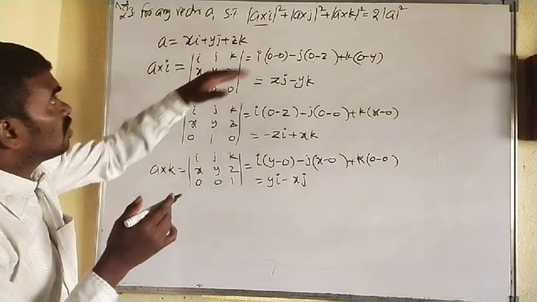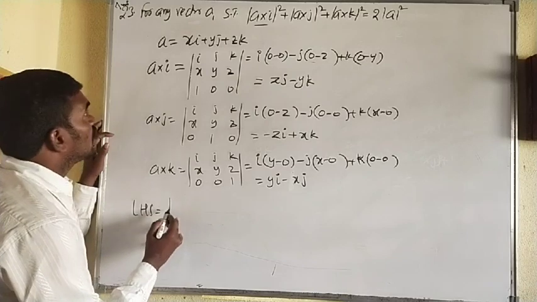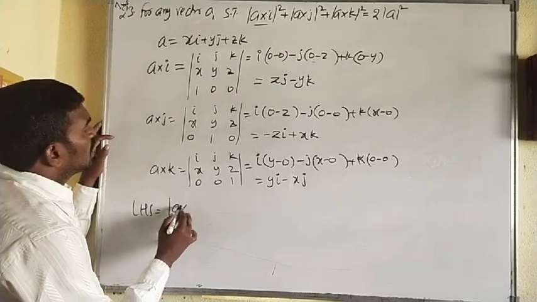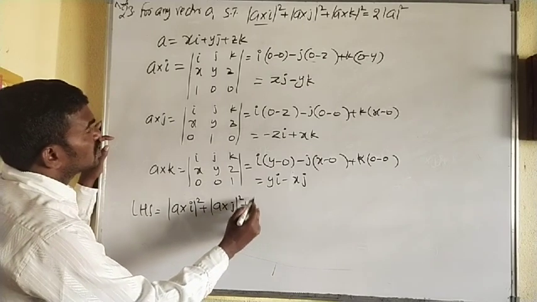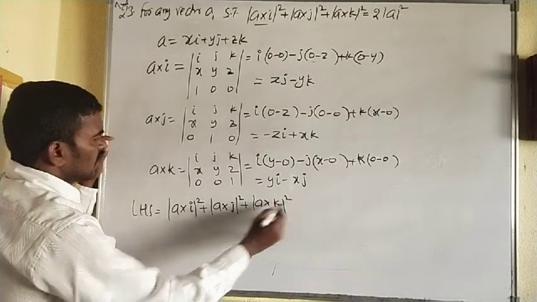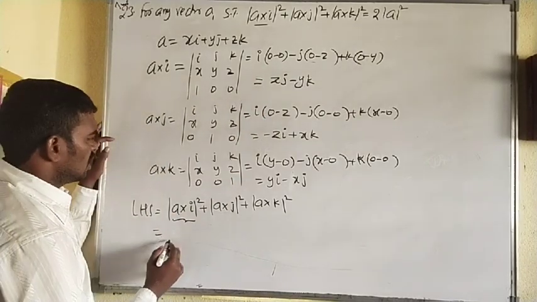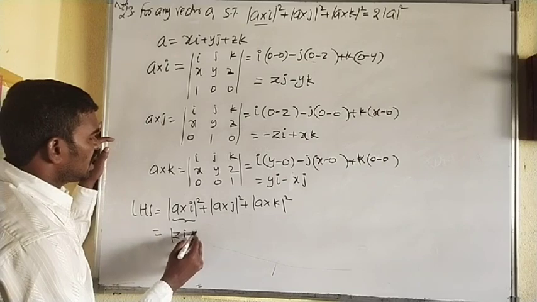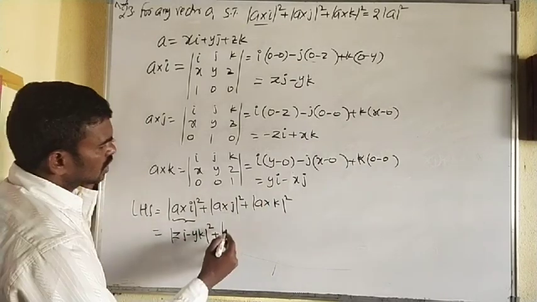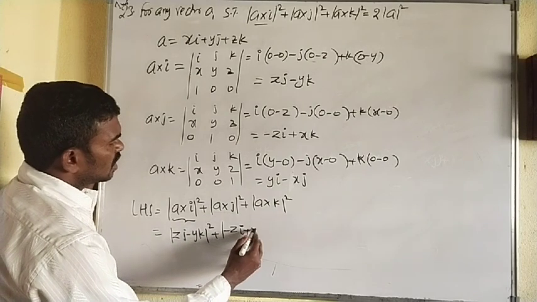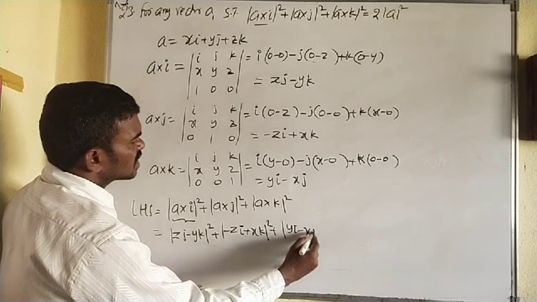Now take the LHS and simplify. LHS is equal to modulus A cross i whole square plus modulus A cross j whole square plus modulus A cross k whole square. What is A cross i? zj minus yk. So modulus of zj minus yk whole square, plus modulus of A cross j, that is minus zi plus xk whole square, plus modulus of A cross k, yi minus xj whole square.